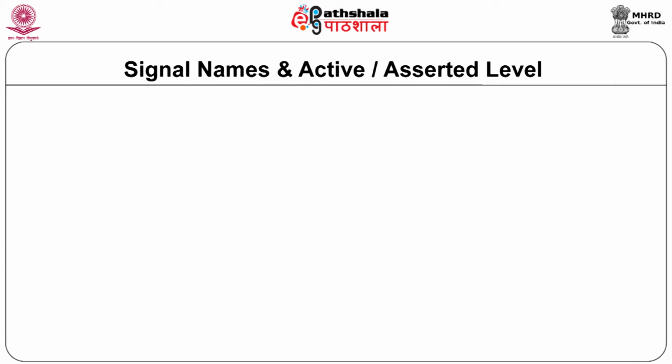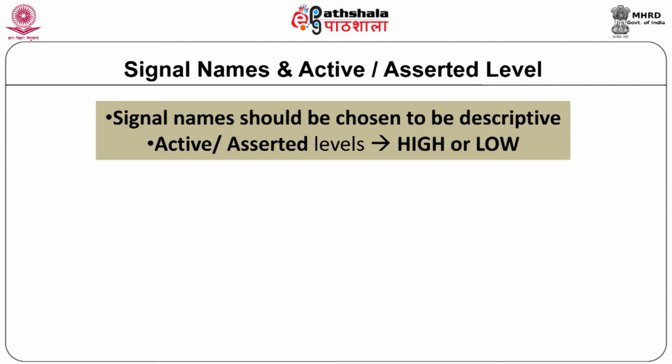De Morgan's theorem can also help to describe active or asserted levels of the signal. Signal names should be chosen to be descriptive ones. There are 2 active or asserted levels, high or low. One can describe asserted high or active high, or asserted low or active low.